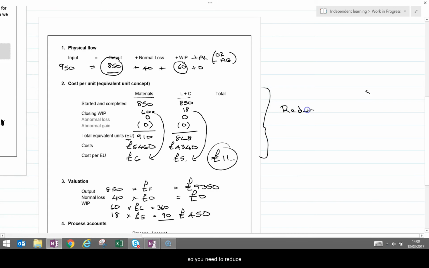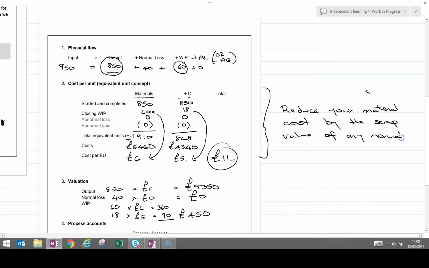So you need to reduce your material cost by the scrap value of any normal loss. So had there been a scrap value to the normal loss here, the material cost would not have been 5460, it would have been reduced by the scrap value.